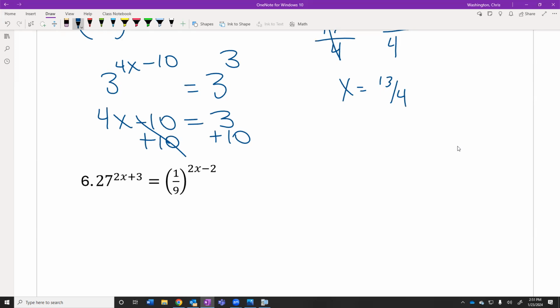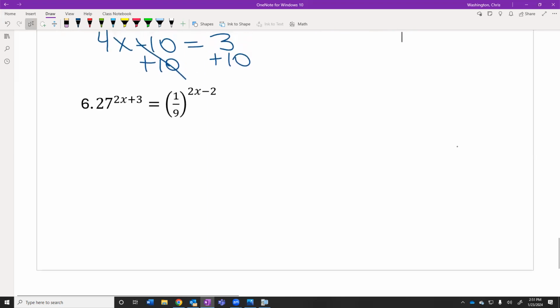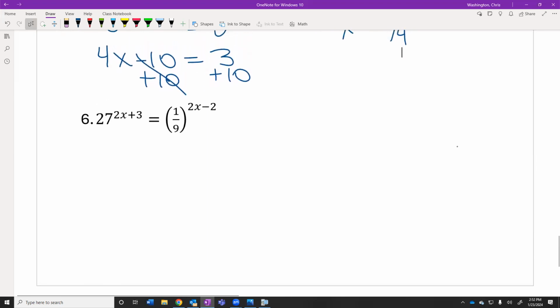You're going to find 27 and 9 on the powers chart under the same power, and that would be under the powers of 3. Got to do lots of distributing here. I got to use some negative exponents here.